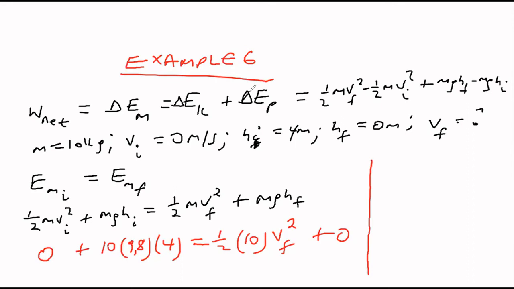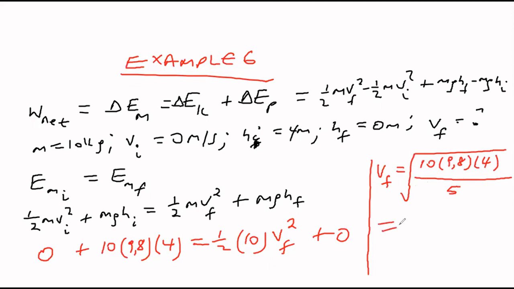Then we can make v the subject of the formula. We're going to have v equal to the square root of 10 times 9,8 times 4, all over 5. Okay, let's get the answer.